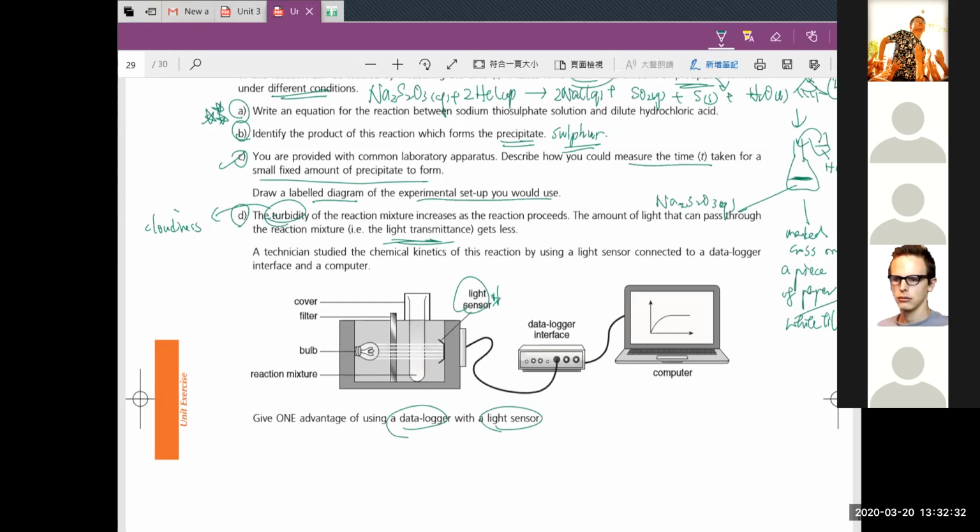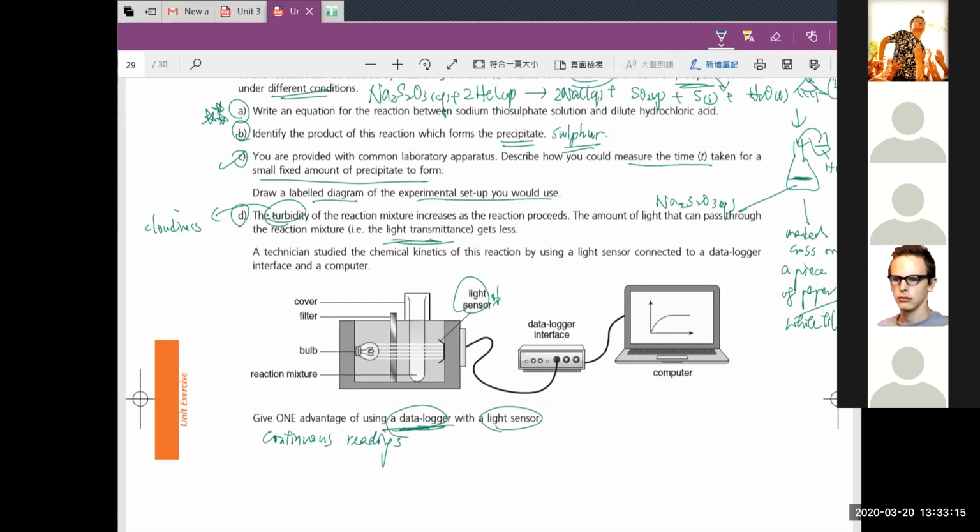The readings can be taken very rapidly, and they're much more accurate than other forms of measurement. So with the data logger, some of you said rapidly, and it's not just the word rapidly. It is real time measurements. And at the same time, the data can be collected continuously. So it is quite different from quenching. For example, in a chemical method like quenching, you just do some sampling only, so we cannot get continuous data.